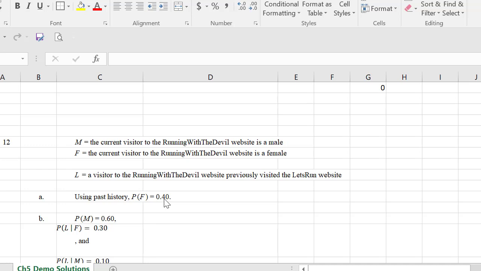So let's define the probability of M then is 60%. The probability of L given F, that a visitor to the running website previously visited the Let's Run website, given that it's a female, is 30%.